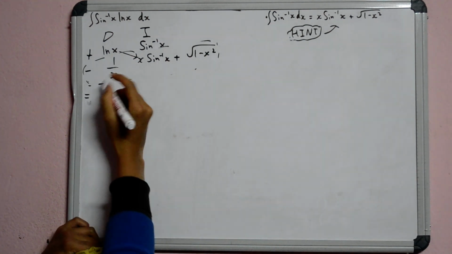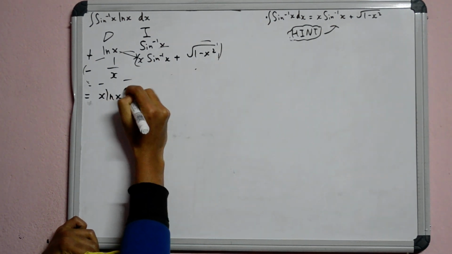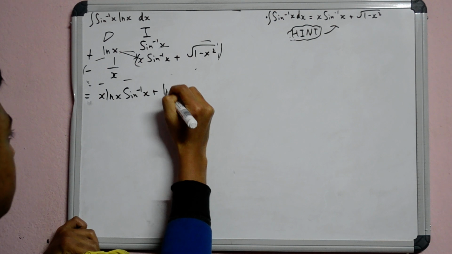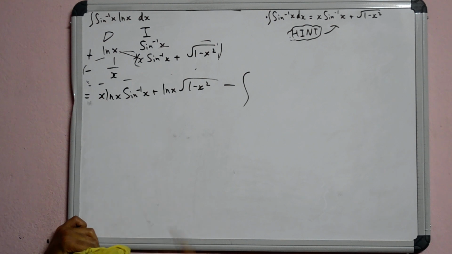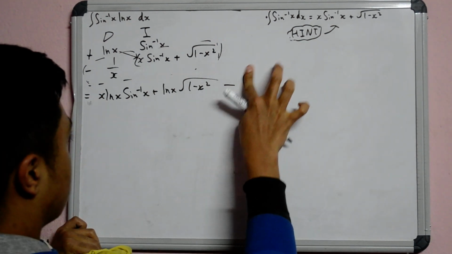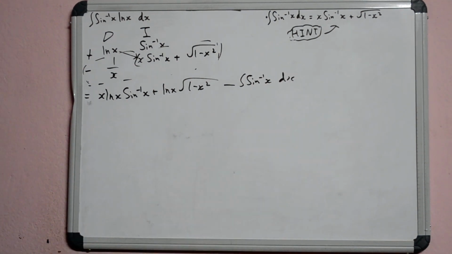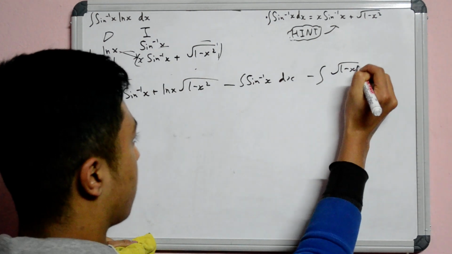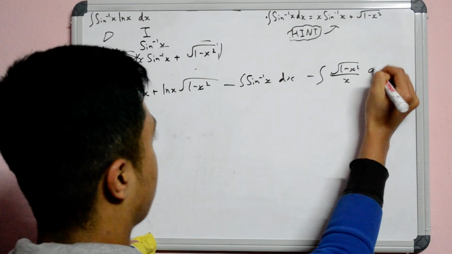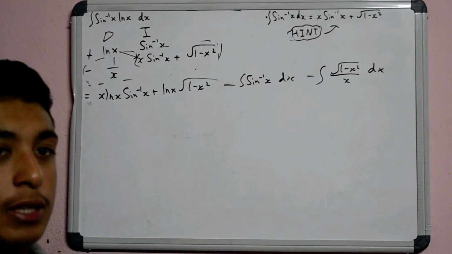So the first part of the answer, ln x into the bracket, I'll just distribute it directly: ln x sine inverse x plus ln x root 1 minus x squared, minus the integration of sine inverse x dx, because 1 by x is also distributed again, and minus plus is minus the integration of root 1 minus x squared by x dx.